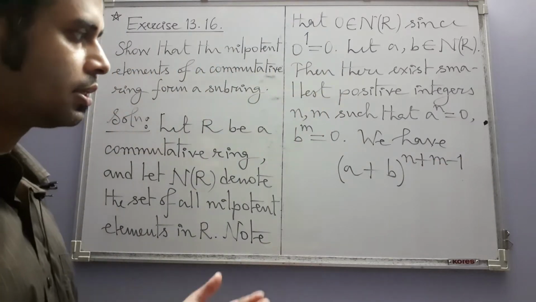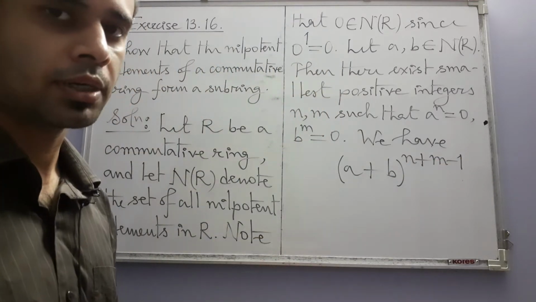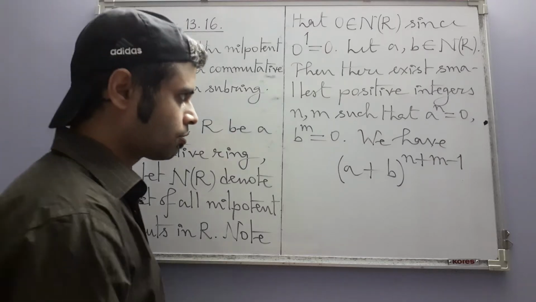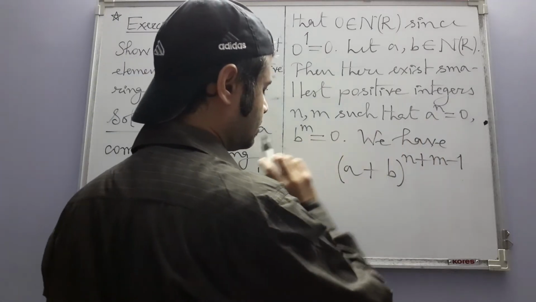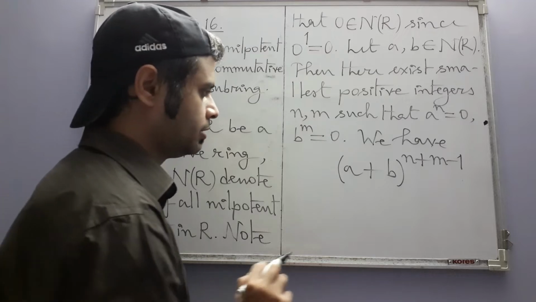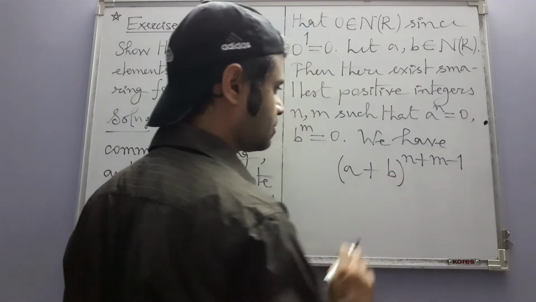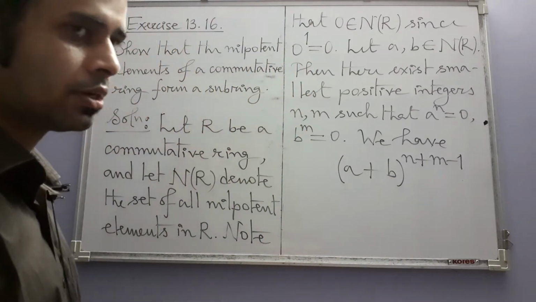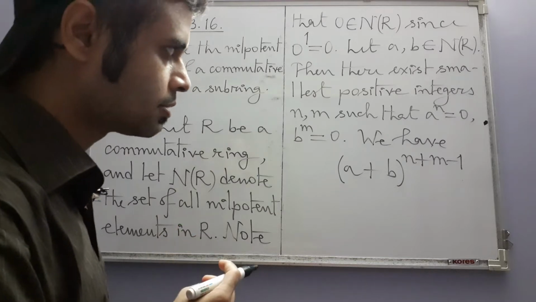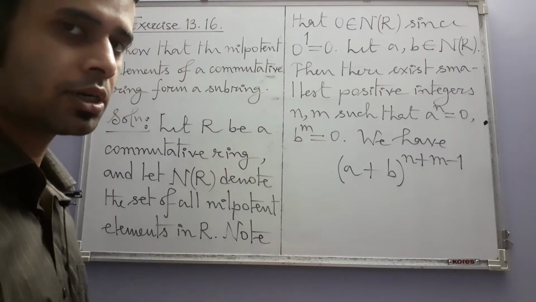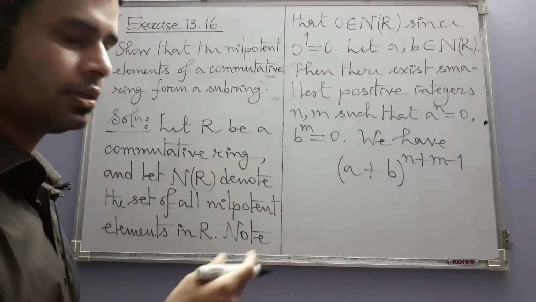So we are considering this particular power of A plus B. Note one thing, that because n and m are both positive integers, n plus m minus 1 is also a positive integer, because in the least possible case where n and m are both equal to 1, still this exponent is equal to 1.